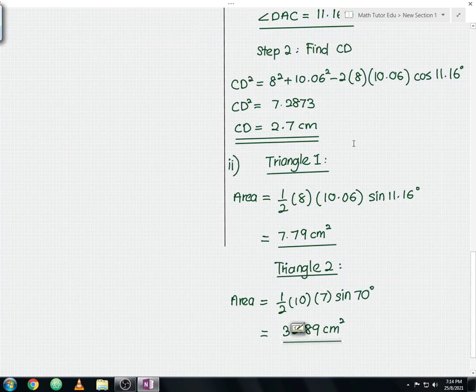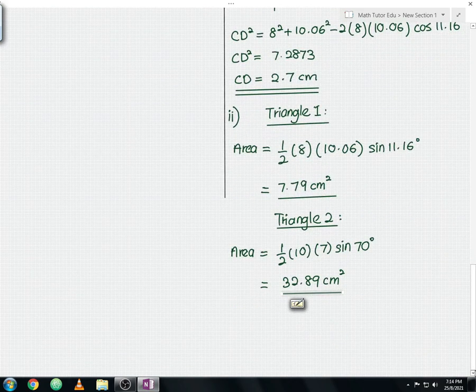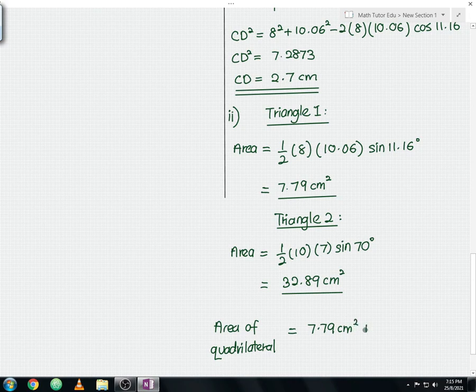Okay, so once you get the area of triangle 1 and triangle 2, so in order to find the area of quadrilateral, so what you do, the area of triangle 1, you just plus with the area of triangle 2. Okay, so from here, the area of quadrilateral is equals to 7.79 centimeter square plus with 32.89 centimeter square.